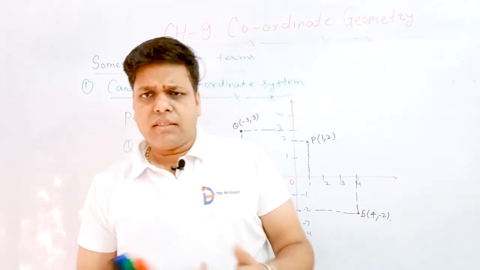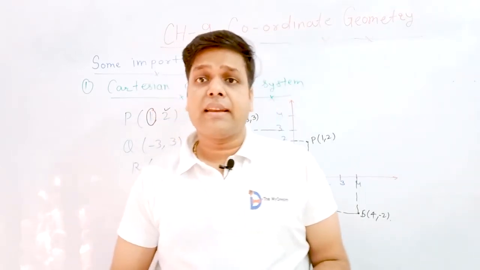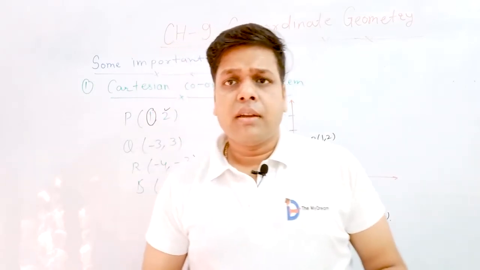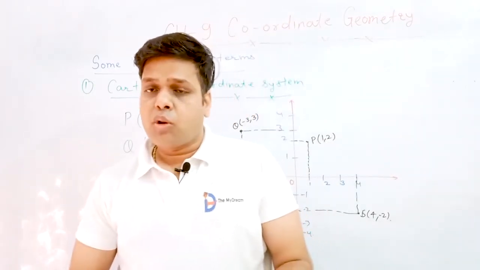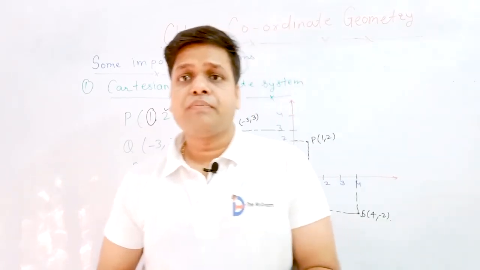So guys, in this chapter you have to know about the properties of 2D figures like rectangle, square, rhombus, and many more. Because in some questions the concepts are also used here.